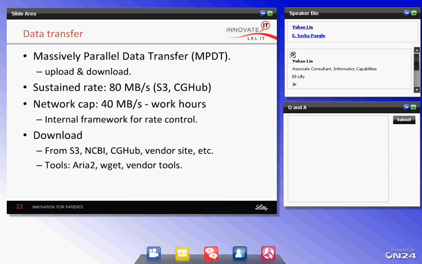So we're capped at about 40 megabytes per second during work hours, and then it's unlimited after those hours. So we're actually developing a framework for automatically adjusting the rate, so it'll automatically go up when the work hours are over, and then automatically gets reduced when the work hours come back on.